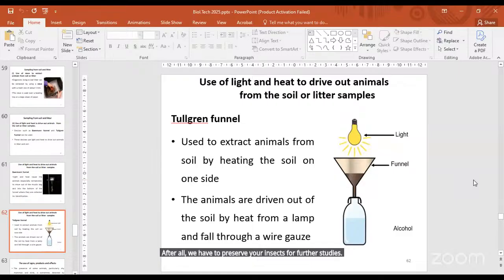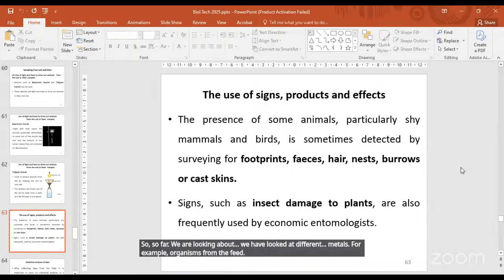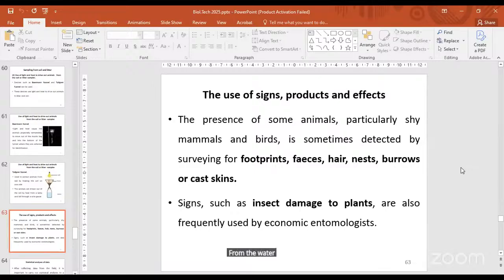So that is sampling from the soil. So far, we have looked at different methods to sample organisms from the field, from the water, shallow water, that's pond, and deep water, like the ocean.